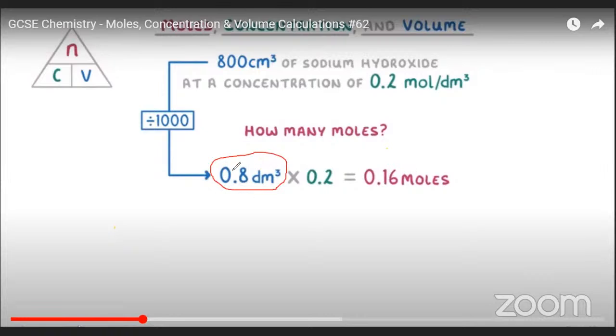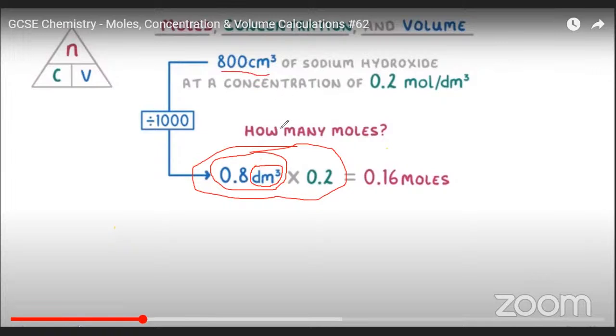It's the same thing here. In this very scenario, your question can be answered by this. Have we divided by 1,000 here for a second time? No, because we already have our volume in decimeters cubed. Originally, we divided by 1,000 because we had our volume in centimeters cubed.